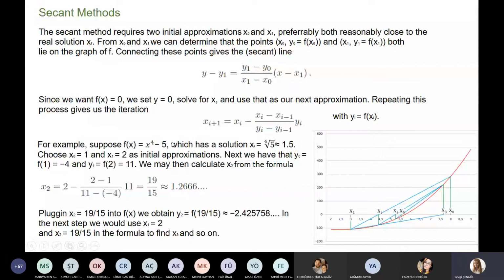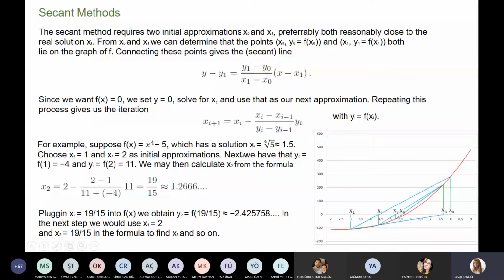So x1 minus x0 over f1 minus f0 times f1 is going to be subtracted from x1. So I will apply this iteration, and by using that one, f0 is minus 4, f1 is 11, so I will plug them in here.